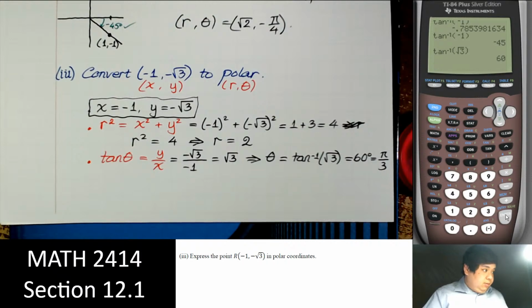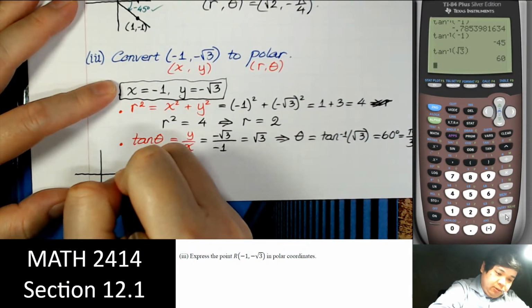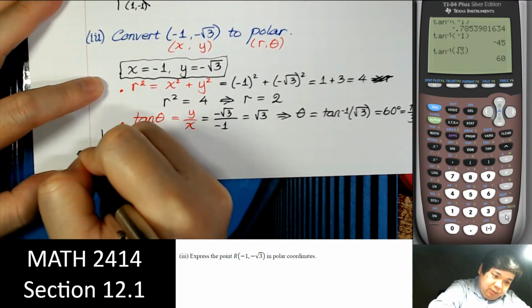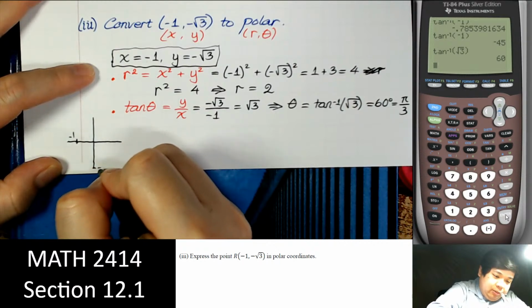Let's check. x equal to negative 1, y equal to square root of 3.